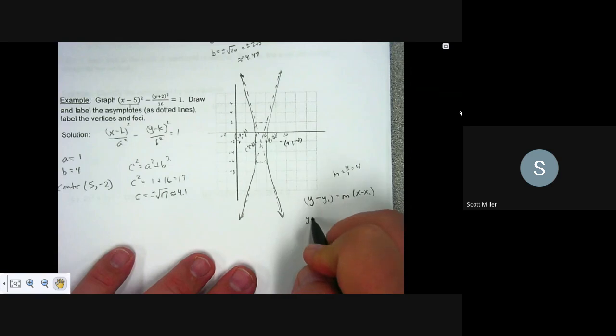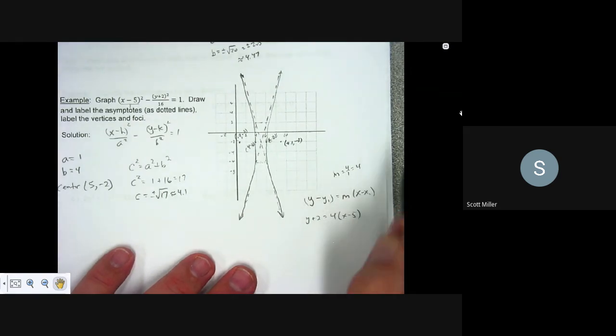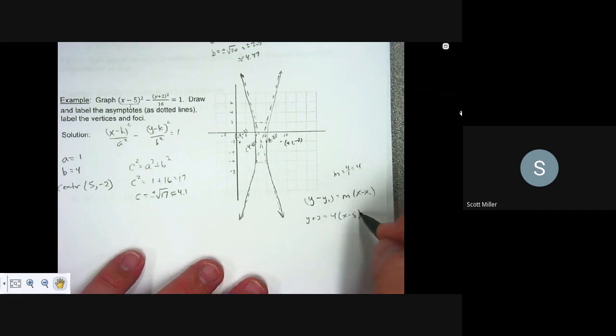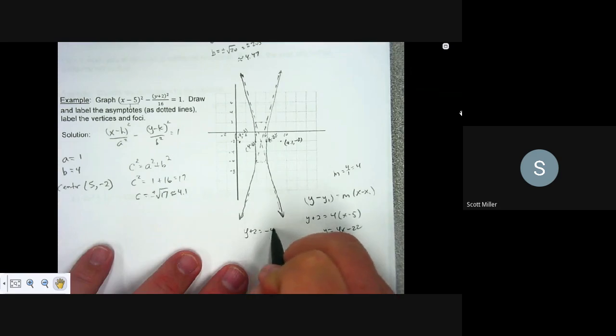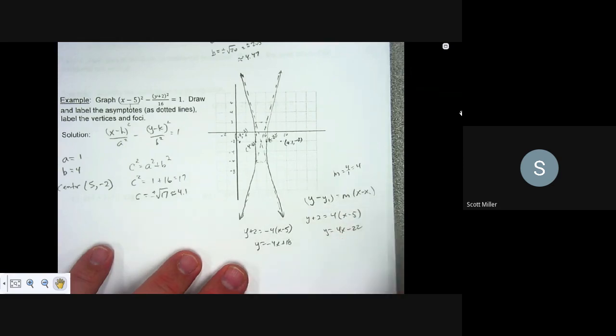So it'll be y plus 2 is 4 times x minus 5. And we can clean this all up and get an answer. Distribute is -20, and subtract 2 is -22. So y is 4x minus 22 is one of them. And then the other one would be -4 times x minus 5. And so then it'll be plus 20 minus 2 would be 18. And so we get this right here, plus 18.